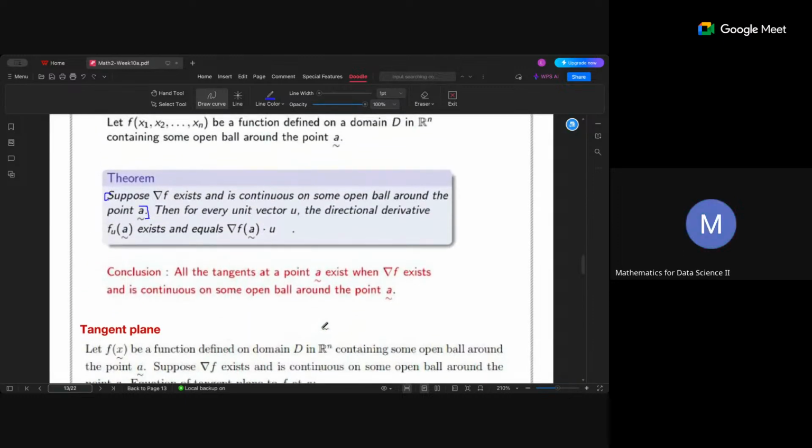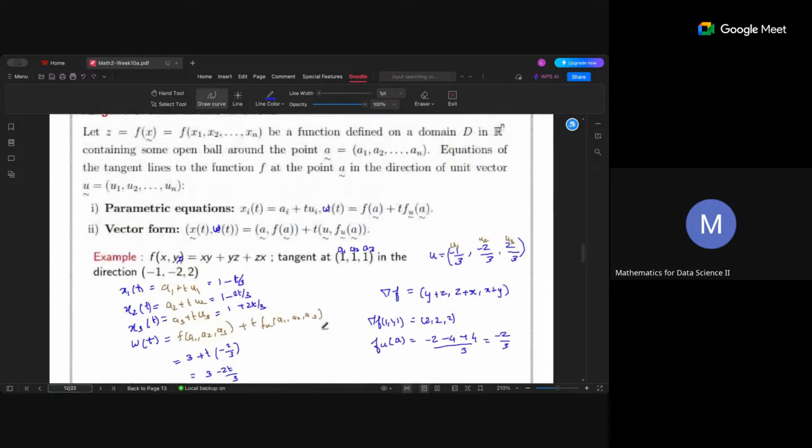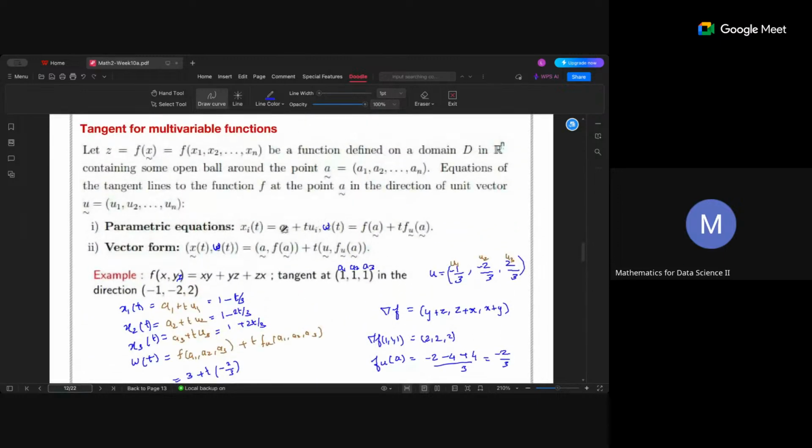See, what is the condition for the tangent equation itself? You see that a and f of a are there automatically. These values are not going to be a problem. F is defined at a, in fact, that is something we are assuming from the beginning because it is in the domain. Now, what is the one thing we need to think about in the equation of the tangent?